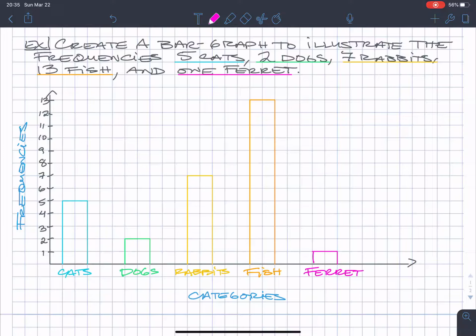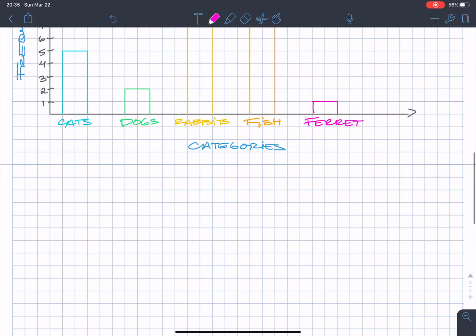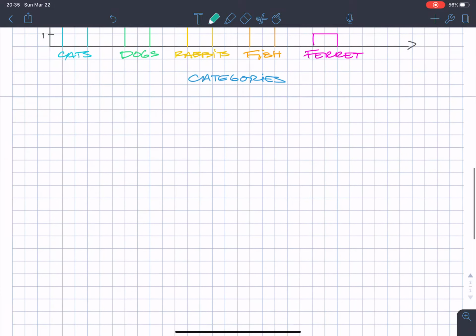Okay, so let's note something about bar graphs. They can be arranged from most frequent to least frequent.